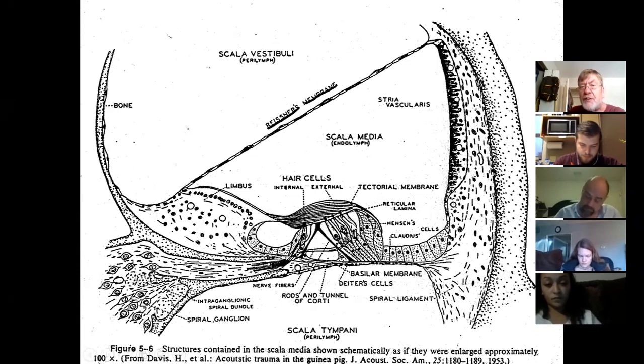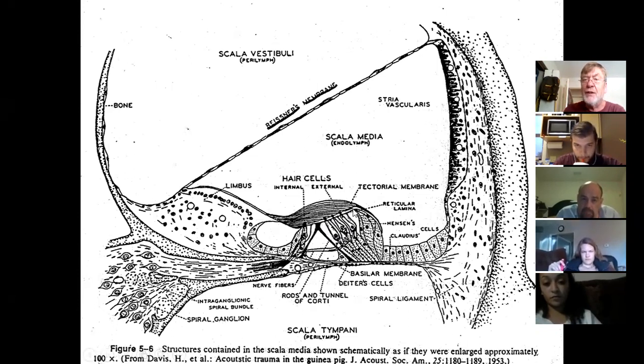All this white area here is filled with perilymph again, but we call it cortilymph because it's inside the organ of Corti. And yet the hairs of the cells themselves, look where my cursor is, are touching endolymph.